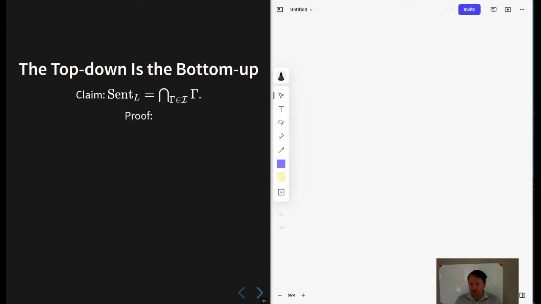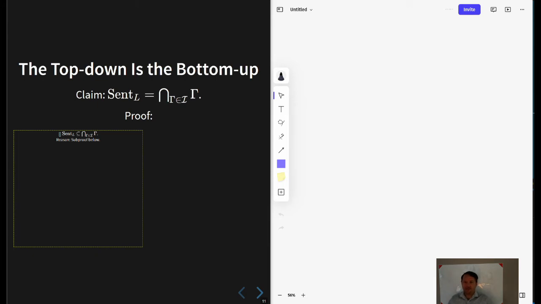This direction is going to be a fairly standard show that the thing in the left is on the right. Although in particular, the thing that's on the right is an intersection. Therefore, to show that the thing on the left is in that intersection, we really want to show that if you take any one of these gammas in I, that cent L is in gamma.